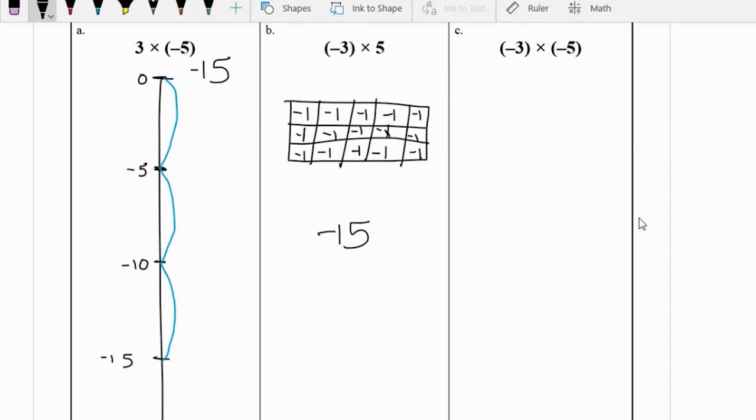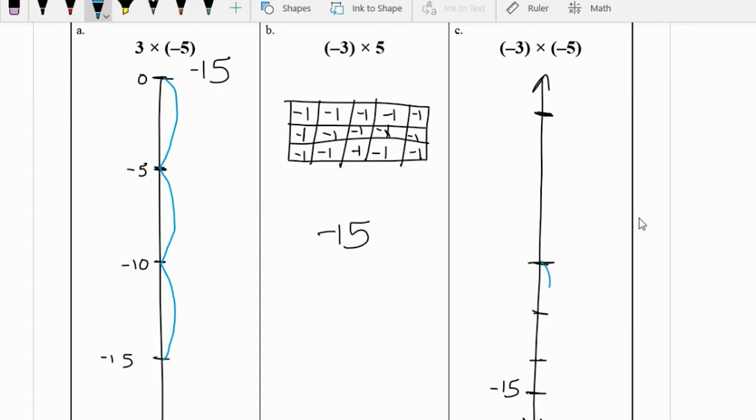And now C is saying the opposite of 3 groups of -5. And what that means is we're going to take exactly what we took for 3 groups of -5. So I'm going to draw a number line with 0 in the middle. So we had 3 groups of -5, which got us -15, -10, -5. And now we're going to take the opposite of that.